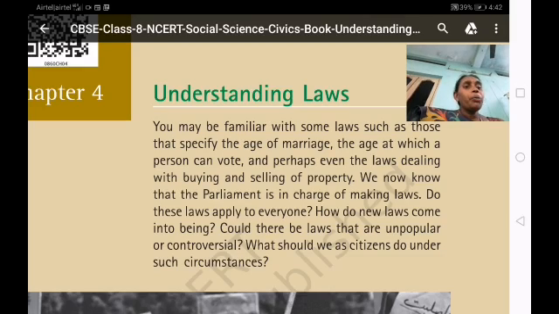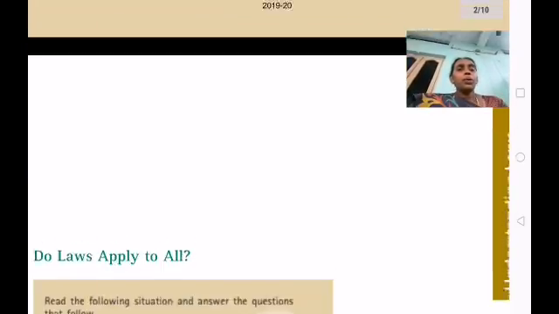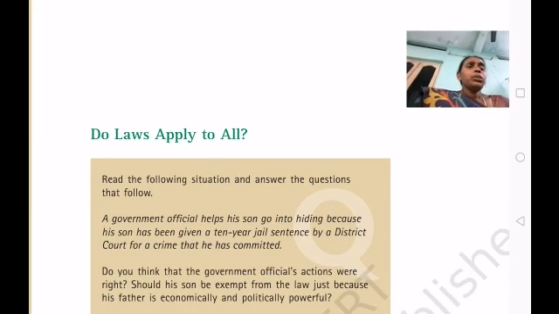How do new laws come into being? Could there be laws that are unpopular or controversial? What should we as citizens do under such circumstances? So when they are making the rules and regulations, how are they going to provide the laws?